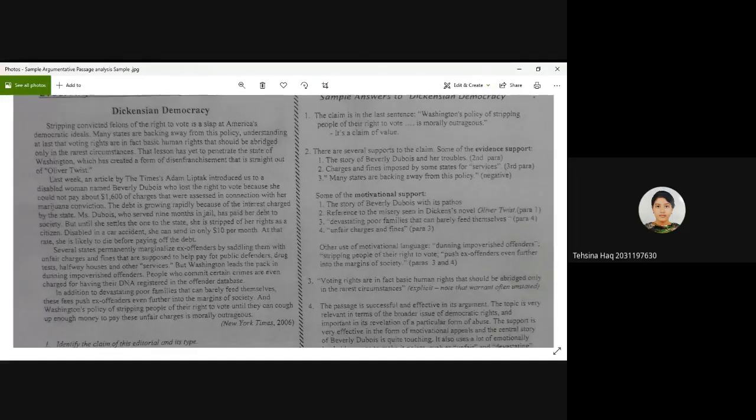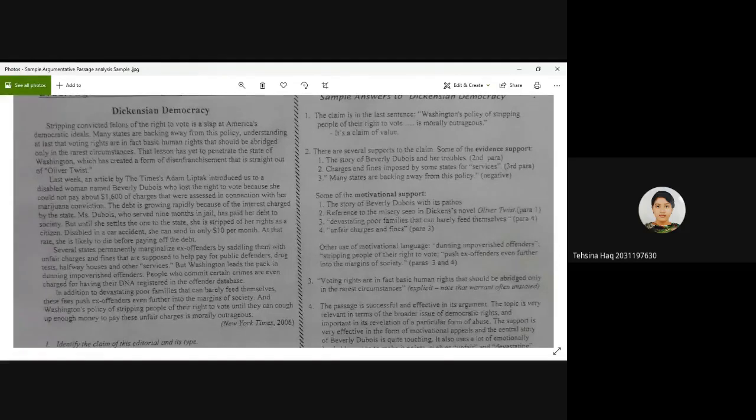Several states permanently marginalize ex-offenders by saddling them with unfair charges and fines that are supposed to help pay for public defenders, drug tests, halfway houses, and other services. But Washington leads the pack in dunning impoverished offenders. People who commit certain crimes are even charged for having their DNA registered in the offender database.